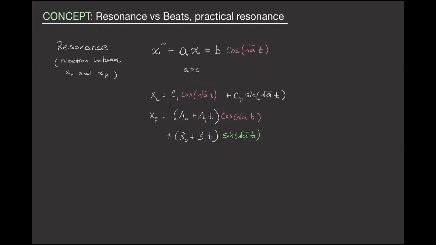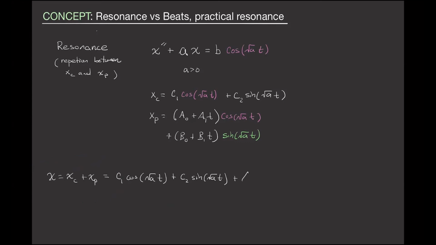Now, once we have that, let's think about what's happening here. If we add this all together, let's say we take x is equal to xc plus xp, what's going to happen? I'm going to need to give a lot more room here. You're going to have xc, which is c1 cosine root at plus c2 sine root at.